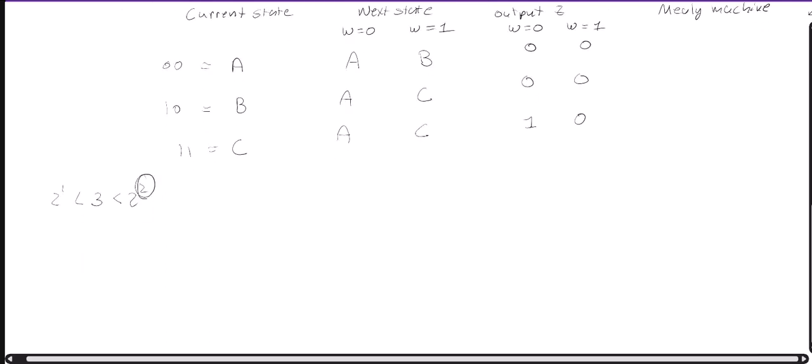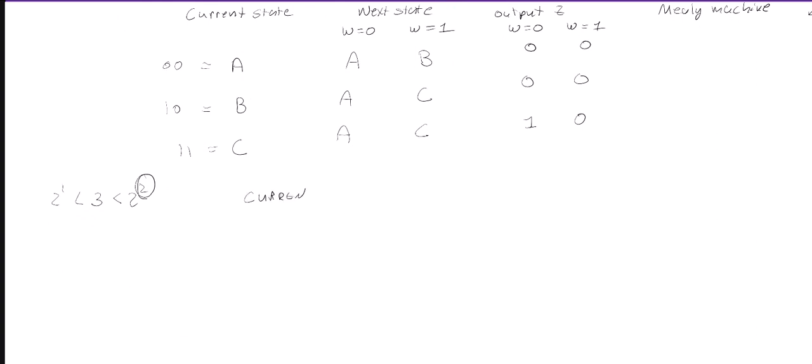So now in my state assigned table, I have my current state, which will be Y0, Y1, and my next state, W equals 0, W equals 1, Y0, Y1, Y0, Y1, and output Z, W equals 0, W equals 1.